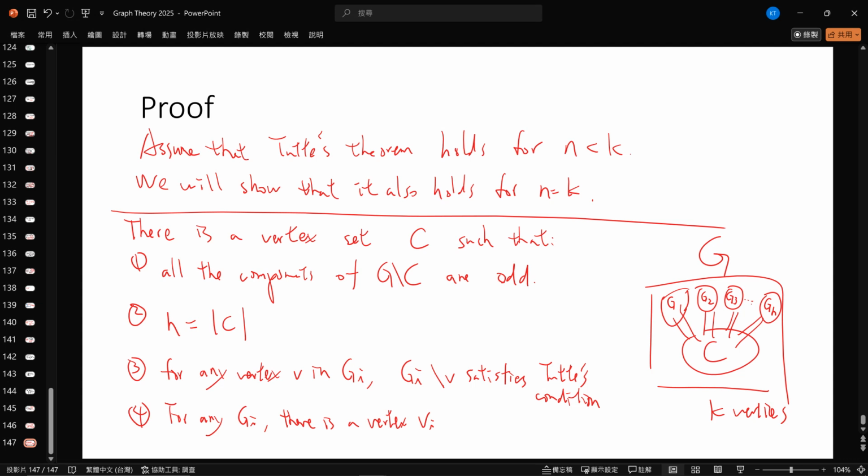So for component Gi, we match one vertex vi to C, and since we have the third property, we can saturate all the remaining vertices after we saturate vi.